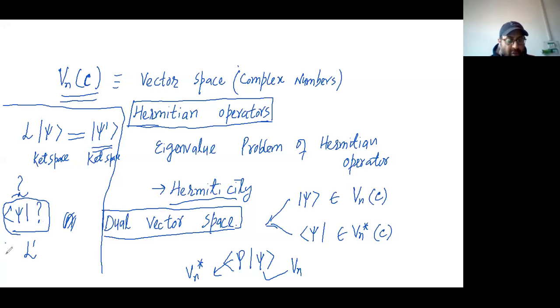There is going to be an operator L prime which is going to act on this bra vector, and we would like to identify what its action on this bra vector is, plus what its relation is with our original operator which acts on the ket space. So these are the questions which we want to ask, and that's why the notion of an adjoint of an operator becomes important.